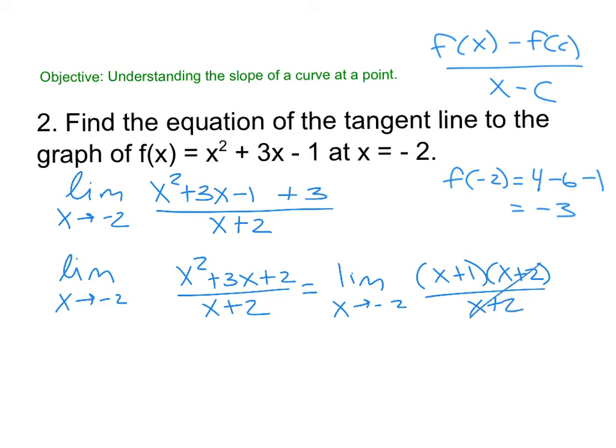Those cancel, and then we can plug in and we get -1. So we have this parabola, right? And at, probably somewhere around there, the slope of the tangent line is -1. So we just found the slope of the tangent line at -2.